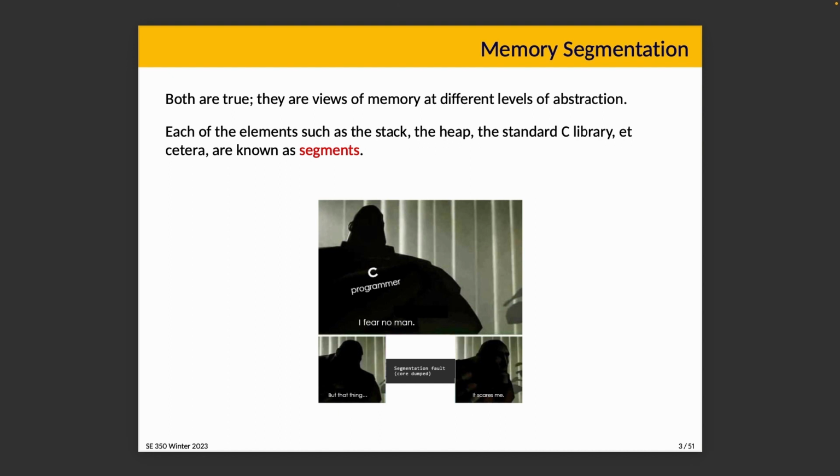Memory is frequently logically divided up into different areas, and each of the elements, like the stack, the heap, and whatever standard C library is loaded in, are all segments.